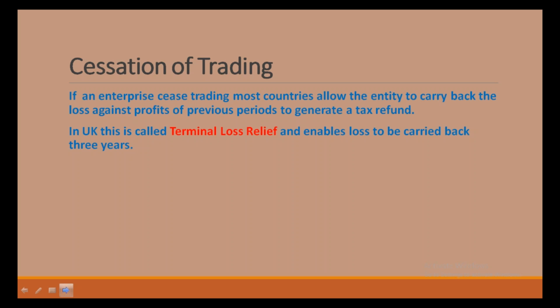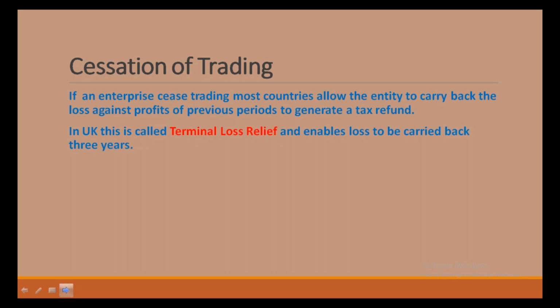So I want you to note down that term. Sometimes the question may not be a calculation. The question will be just what is terminal loss relief. Terminal loss relief is always at the end of a particular period when you are ceasing the business, when your business is coming to an end.